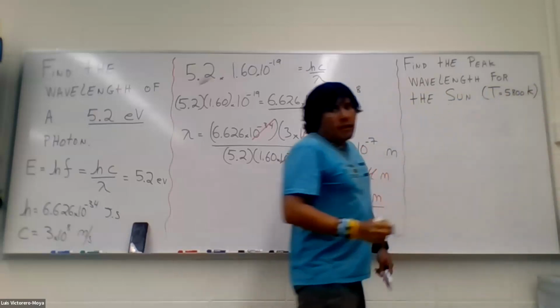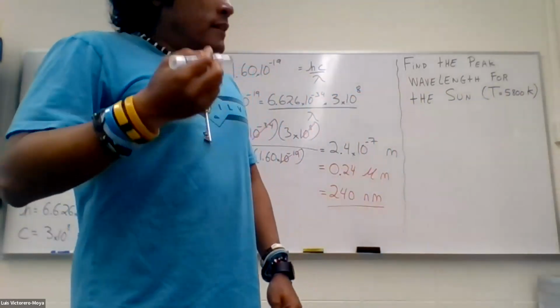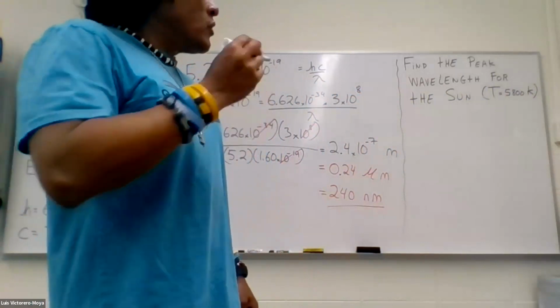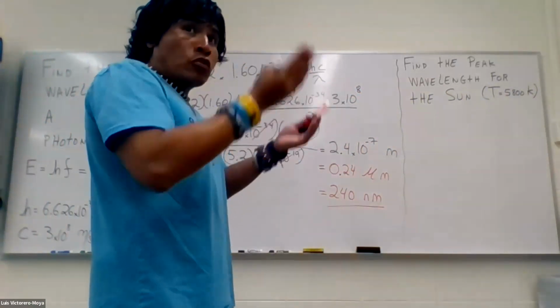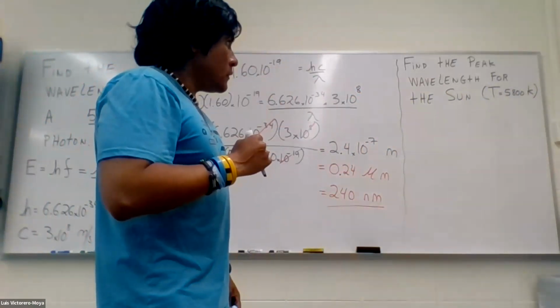Remember, guys, that's the surface temperature of the sun. The temperature of the core is about 10 million kelvins, required to fuse hydrogen into helium. That is actually the temperature in the photosphere. That's the layer that you observe when you look at the sun.